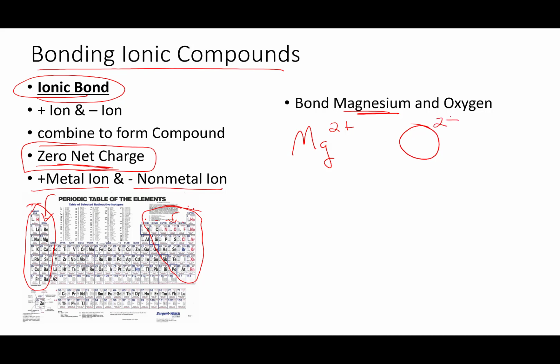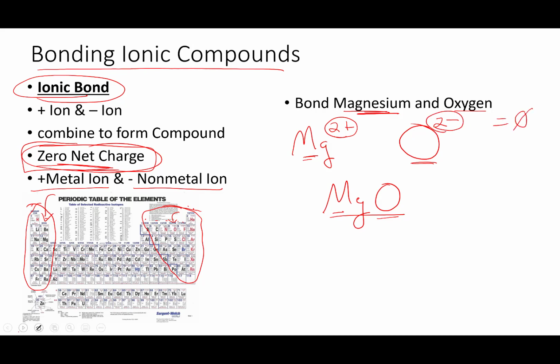So if you wanted to make a compound out of magnesium and oxygen with a zero net charge, how many magnesiums and how many oxygens would you need? Well, if you burn magnesium in oxygen, what nature is going to do is take one of each, and you would end up with magnesium oxide, one magnesium and one oxygen, because +2, -2 would equal 0.